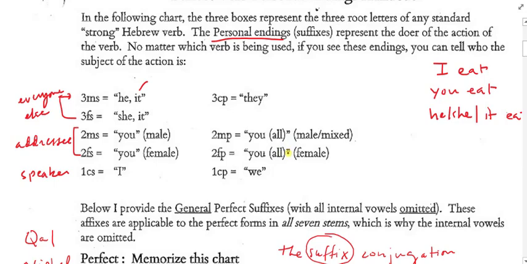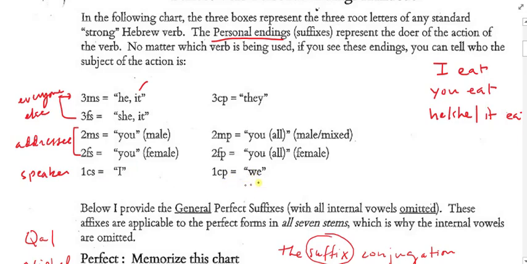All right? And then in the first person, the 1CS means first common singular. So a verb with a first common singular personal ending could be any gender. So if I'm a woman, I'm going to use the same form of I did something as a man would use. Okay, the form is the same. It's a common form for both.